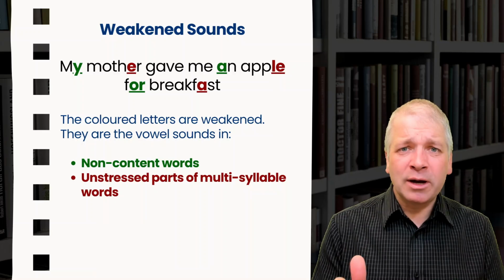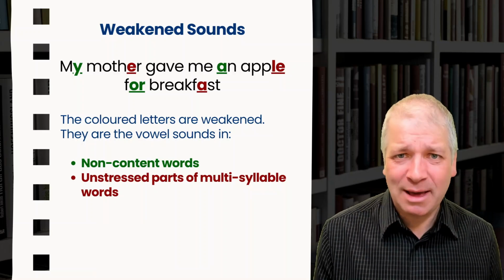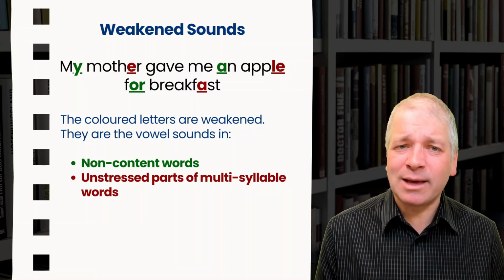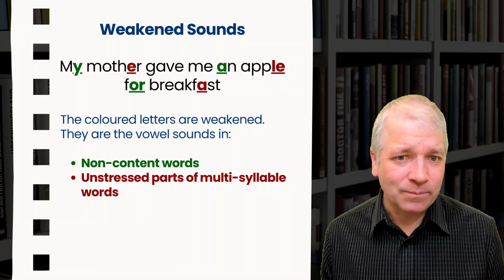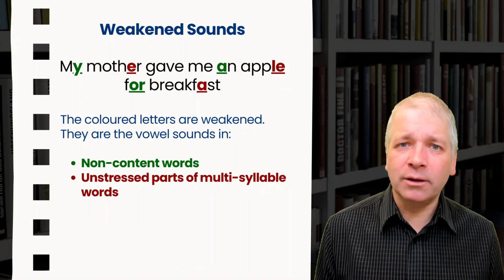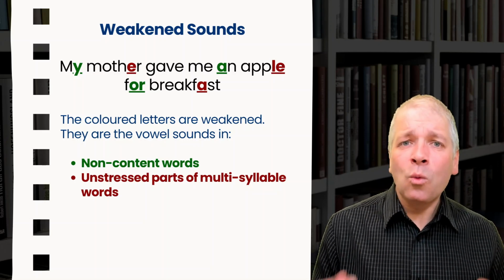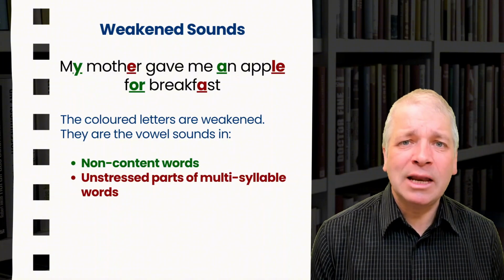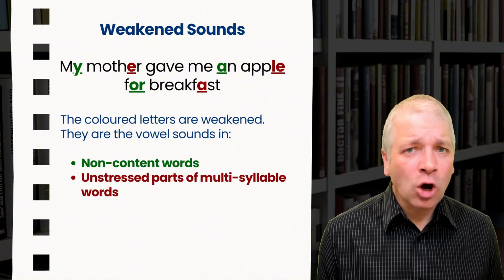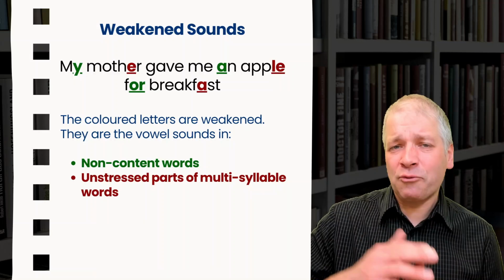And in these words, we will weaken the vowel sounds. So instead of my, I said m to get to mother quickly. Instead of an, I said un. Instead of for, I said f. Also, with the unstressed sounds in longer words. Many longer words will have 2 syllables or 3 syllables.